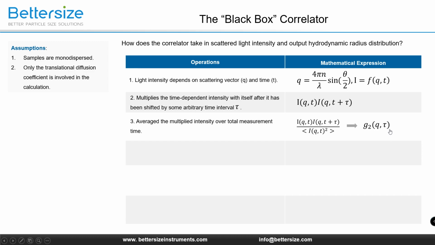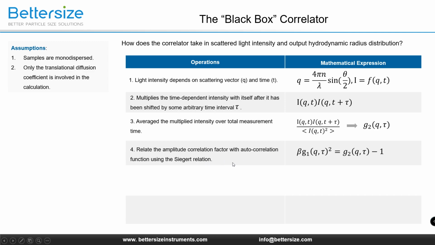It has a single exponential decay from 2 to 1. With G2(q, τ), one can relate to the amplitude correlation function G1(q, τ) with the Siegert relation: β times G1(q, τ) squared equals G2(q, τ) minus 1.